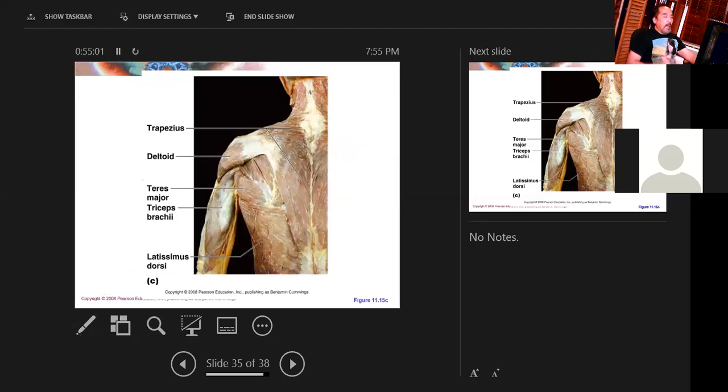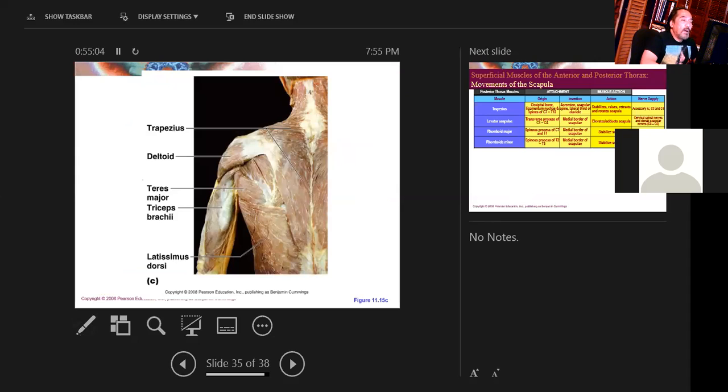Okay, take a look at the cadaver. On this cadaver, I see the trapezius, trapezoid looking. And this is the deltoid. I was thinking to go through the rotator cuff, but I'll do it later because I can see the rotator cuff muscle along here: the supraspinatus, infraspinatus, teres minor, and the subscapularis.